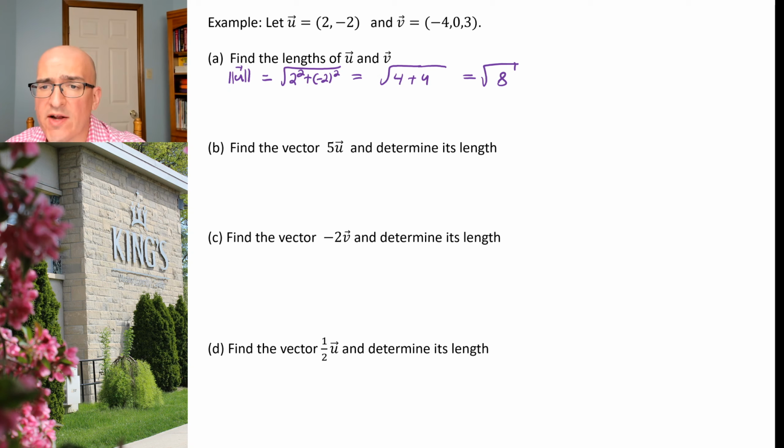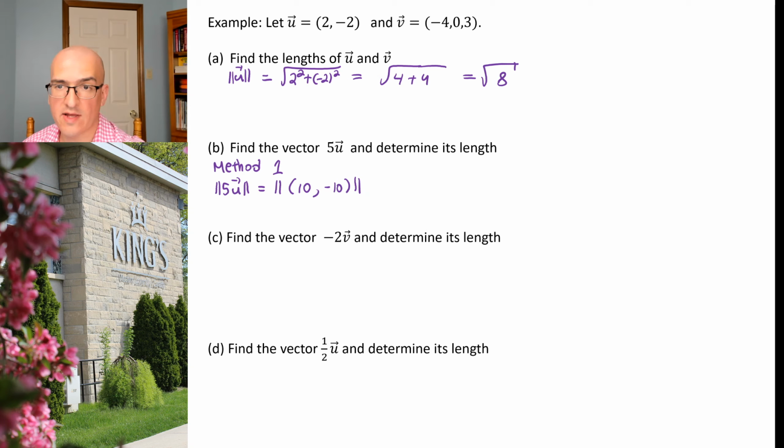Part B, find the vector 5u and determine its length. So I'm going to say method 1: the length of 5u is equal to the length of the vector that I get by multiplying u times 5. So 5 times 2, 10. 5 times -2, -10.